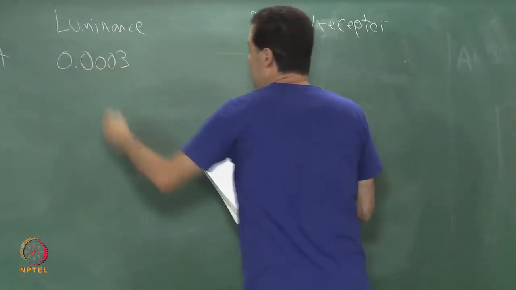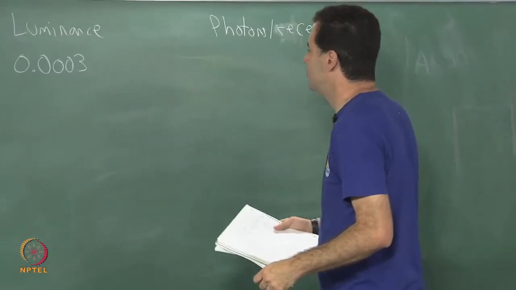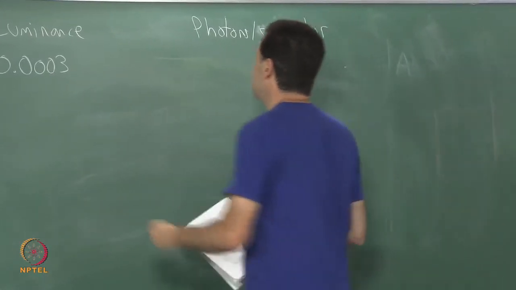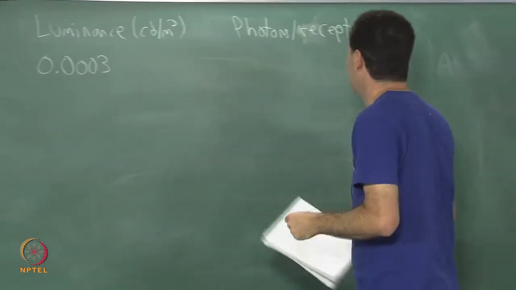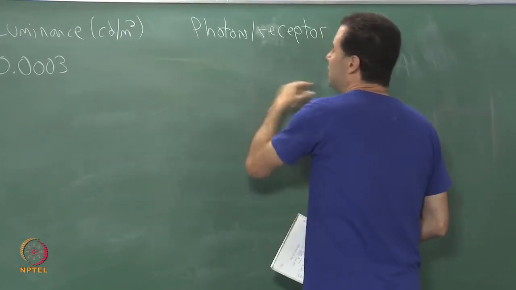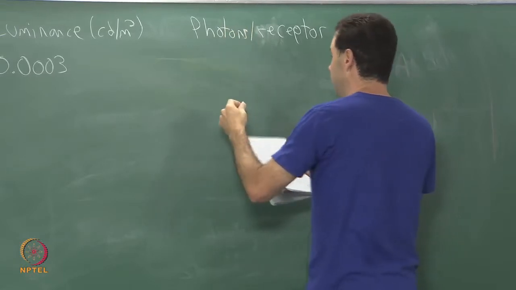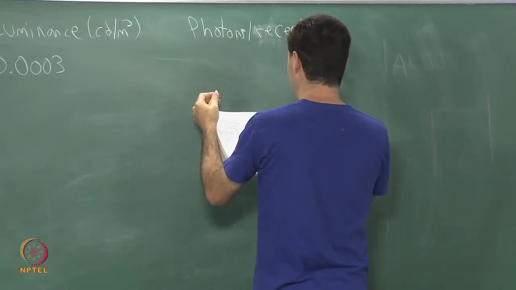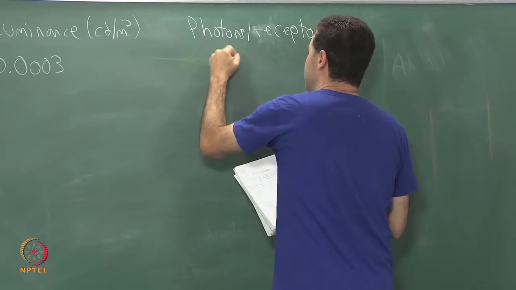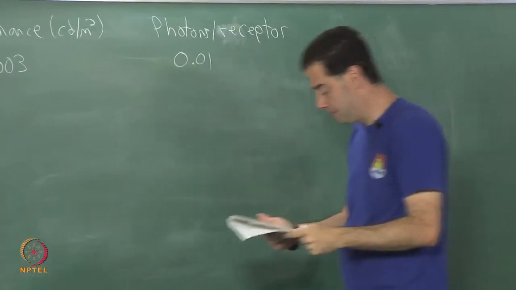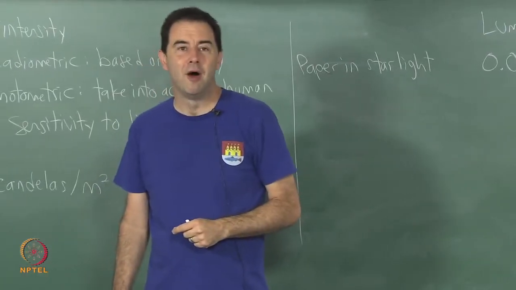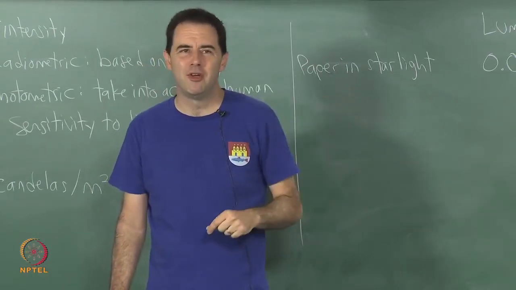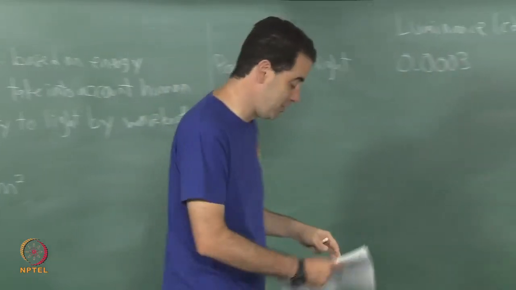This corresponds roughly to 0.0003 candelas per meter squared, which in terms of photons hitting your photoreceptor, you will get about 0.01 per second. So not very much, just maybe barely above some noise threshold if you're lucky. So that's the lowest end.